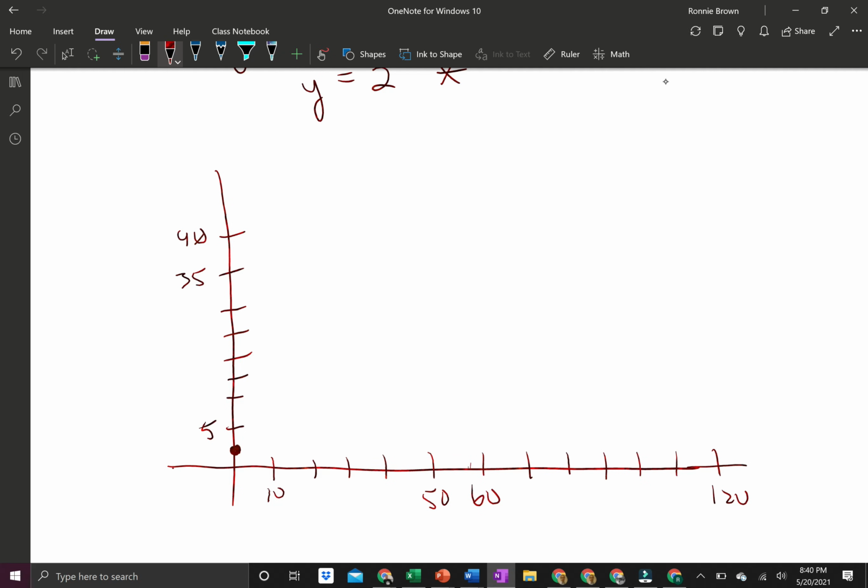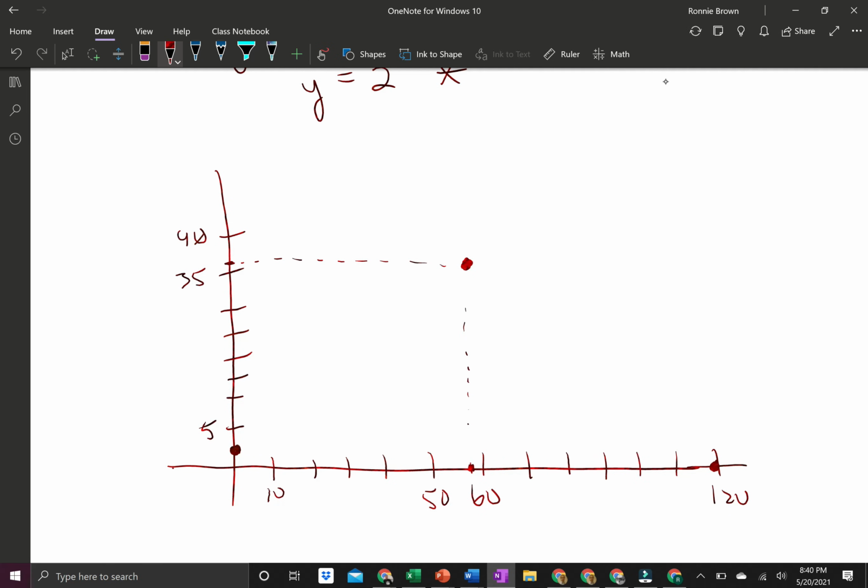So 59 is about right here somewhere, right in front of 60. And then the y value for the vertex was about 36, which is right here somewhere, right? So that's the vertex. And then that x-intercept was 119.7, so that's almost near the 120.